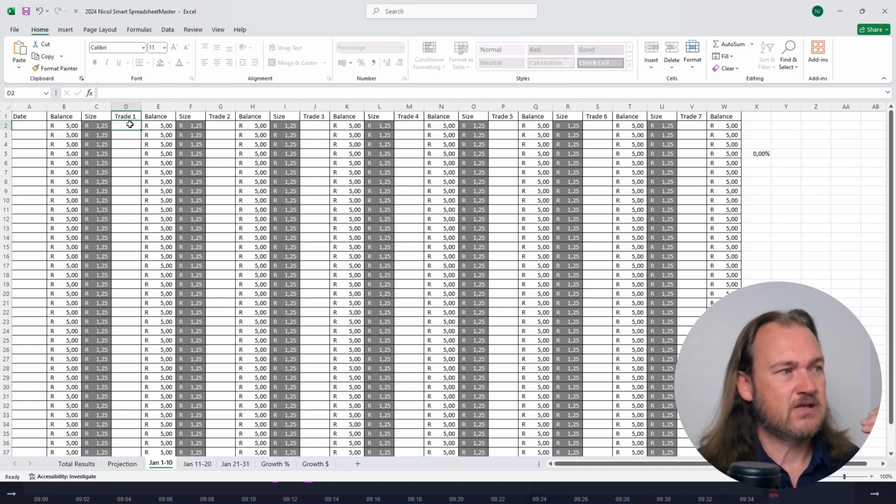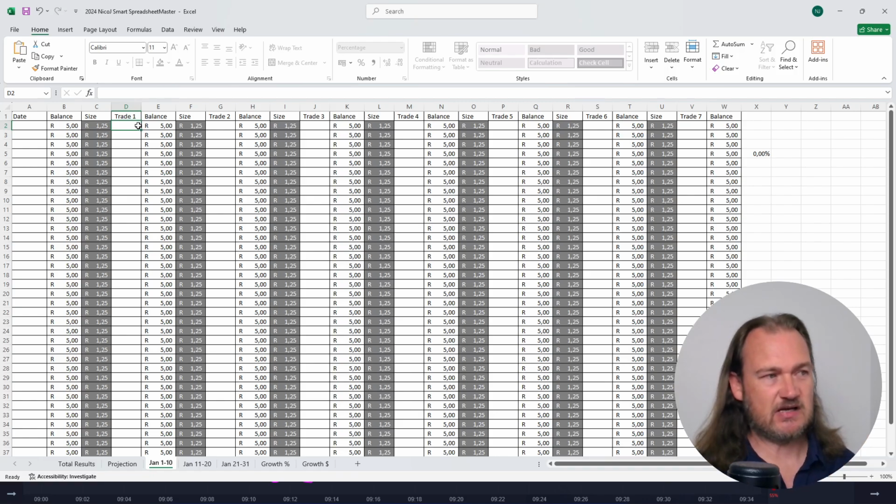And as a general rule of thumb, if I lose my starting balance, so let's say I lose 4 trades in a row and I lost my $5, then I would stop trading for the day, because it means I'm having a bad day, my strategies aren't performing well, and this way I stay out of a bad market while only risking a very small amount of my capital.